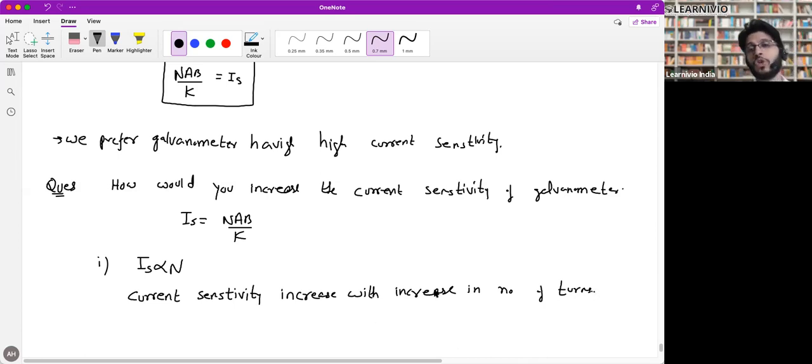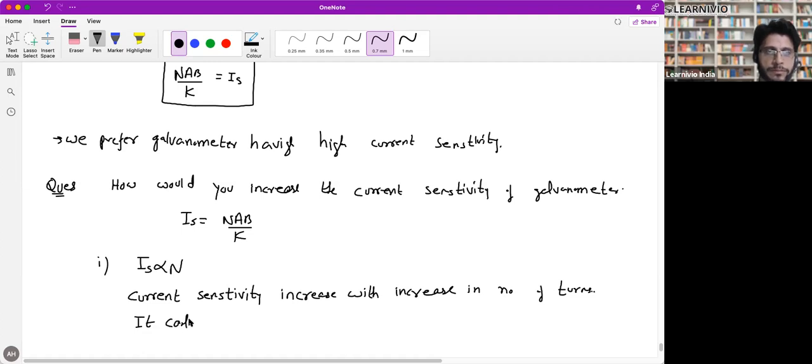But you can't increase the number of turns beyond a certain value. Because if you keep on increasing the number of turns in the galvanometer, it will start to become bulky. If you take too many turns, the size will be very large. So remember this thing also.